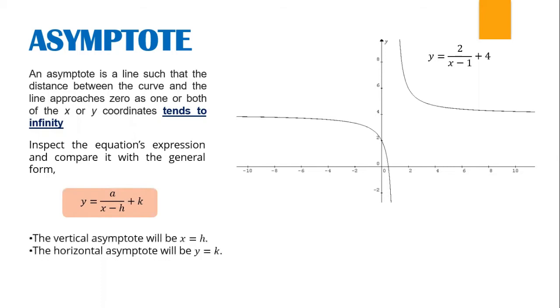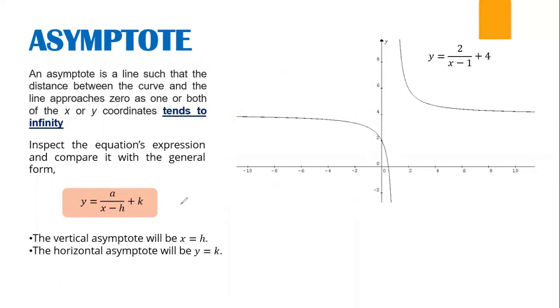So what information do we get from y equals a over x minus h plus k? The vertical asymptote will be x equals h. How do you know that? That's very easy. I want to explain to you one by one.